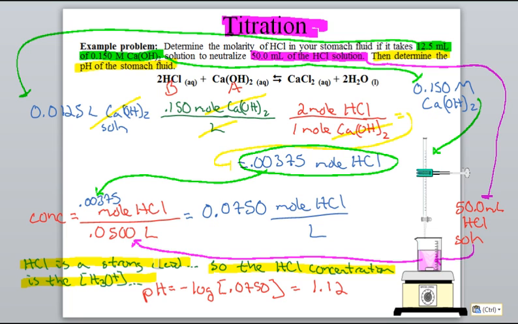Remember, a hydroxide salt gives you the hydroxide ion concentration. A strong acid concentration gives you the hydronium ion concentration. So, plugging that into our pH equation, the pH is approximately 1.12. Very acidic. That answer should make sense.